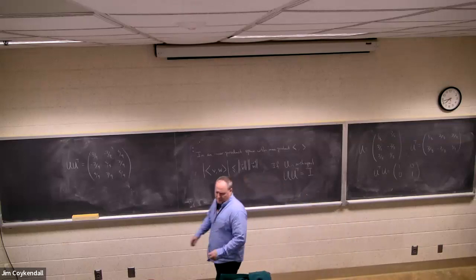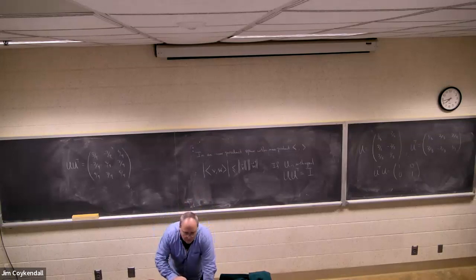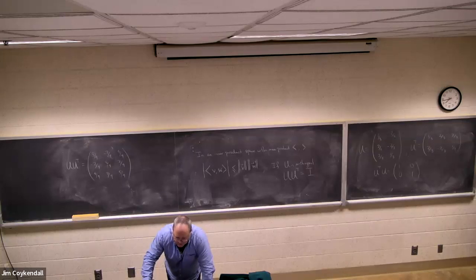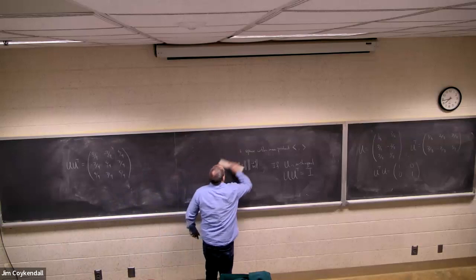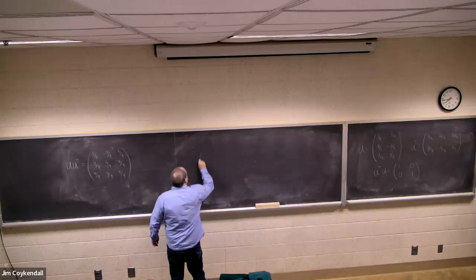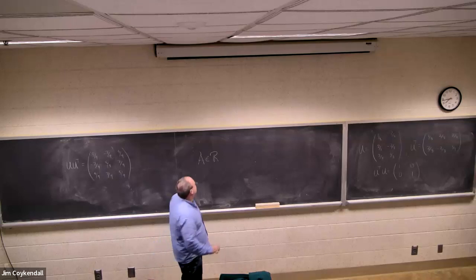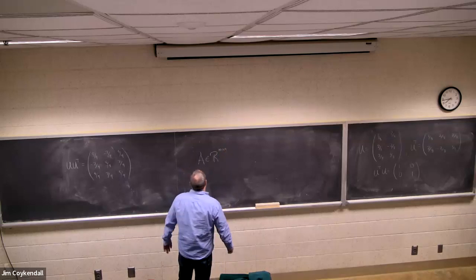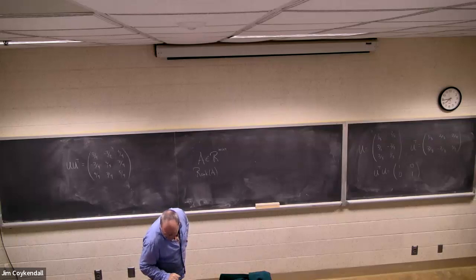Given an m by n matrix A, with m rows and n columns, what is the rank of A plus the dimension of the null space of A?